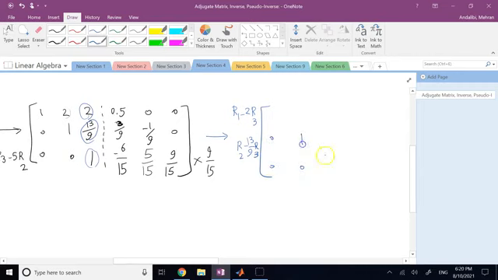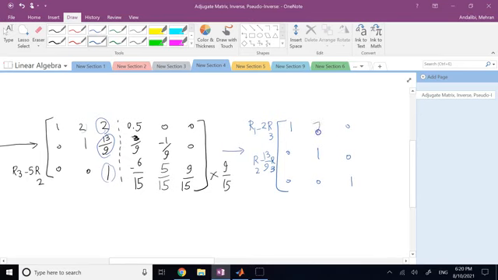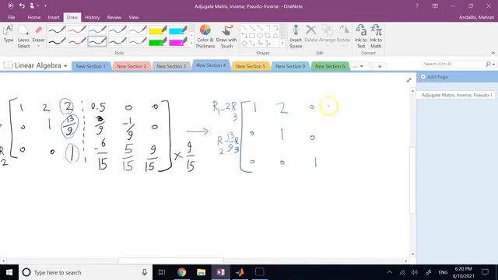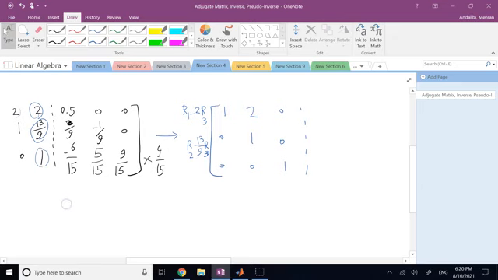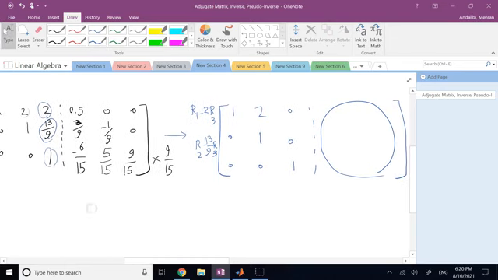these guys are not going to change. This one stays, that goes to 0, this goes to 0, this is going to be 1, and this is going to be 2, and here you're going to have some calculations. Okay, it's not going to be as beautiful because now you have to multiply all of these numbers by 13 over 9, subtract from those, multiply by 2, subtract from these, and so on.